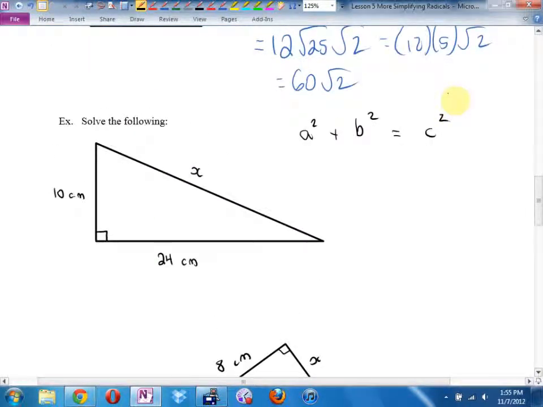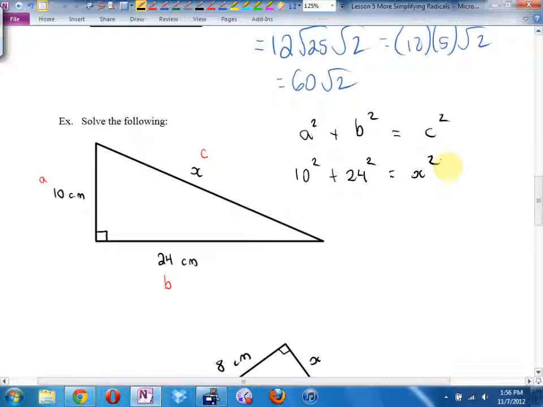Okay, so let's plug in everything else. A and B, it doesn't matter as long as you know that this right here is C. Usually then, I just do the first thing I see as A, and the second thing I see is B. And the equation is going to be 10 squared plus 24 squared equals mystery side squared.